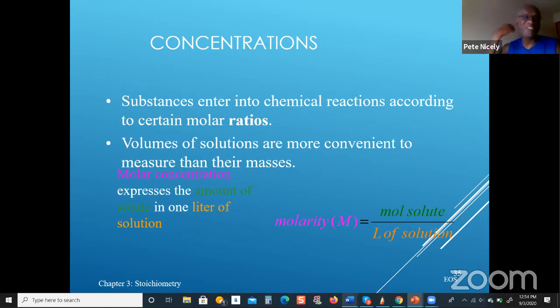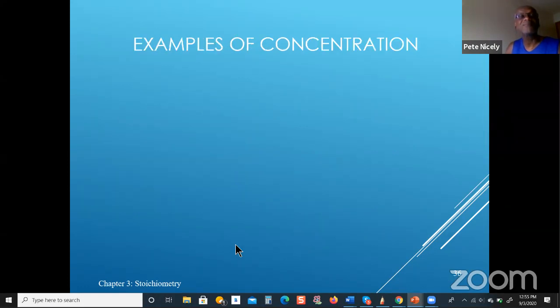The molarity is one way of expressing the concentration. And the definition of molarity is given right here. Molarity is equal to moles of solute divided by the liter of solution, right? And basically, because you have moles over liter here, the units of molarity can be expressed as moles per liter, or you can simply use uppercase M, all right? So uppercase M, you should understand, is the same as moles per liter.